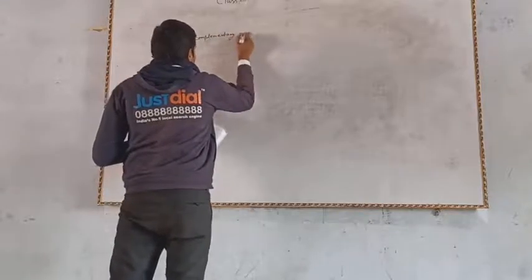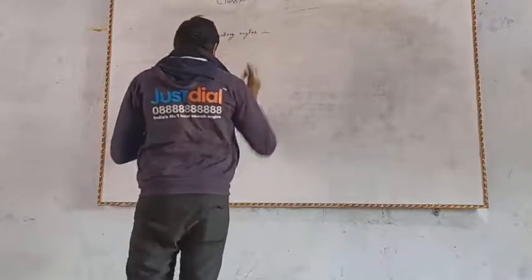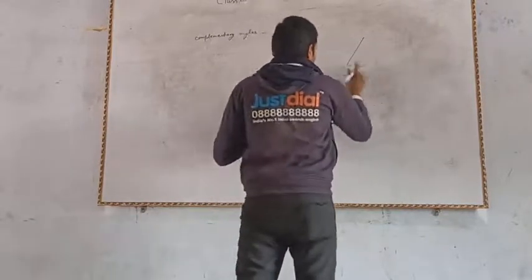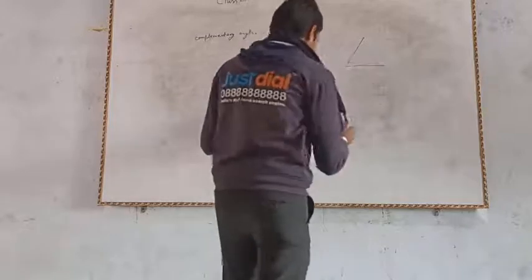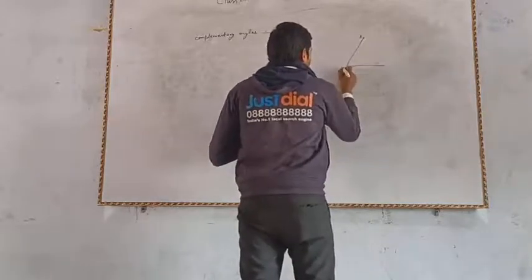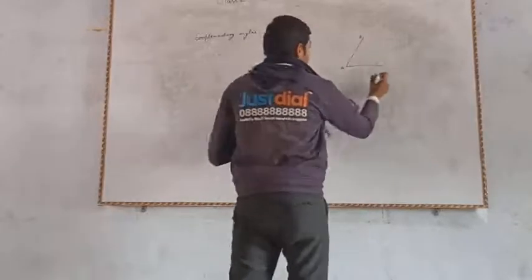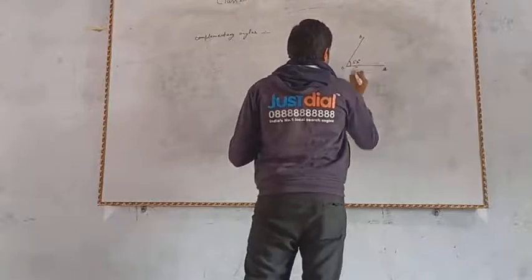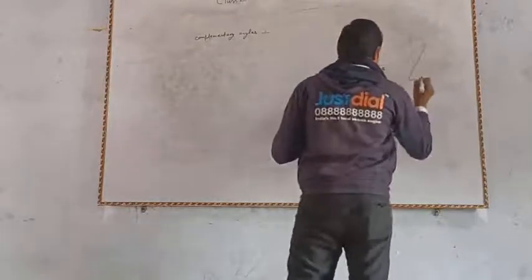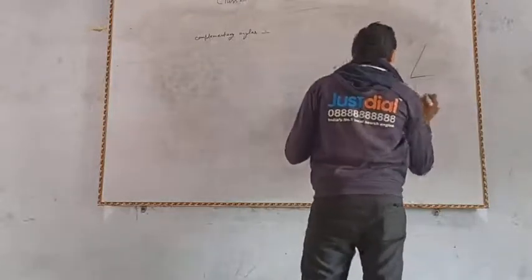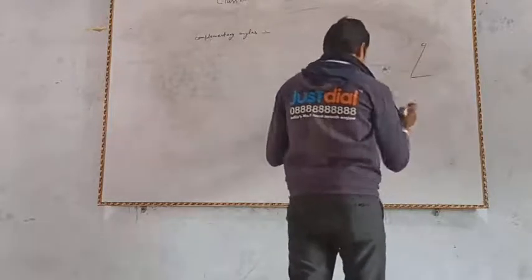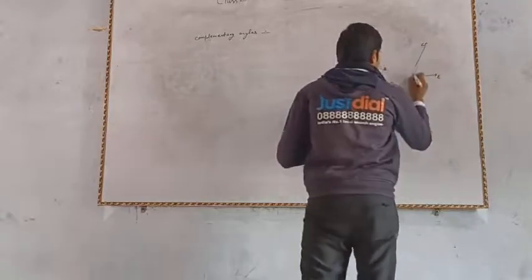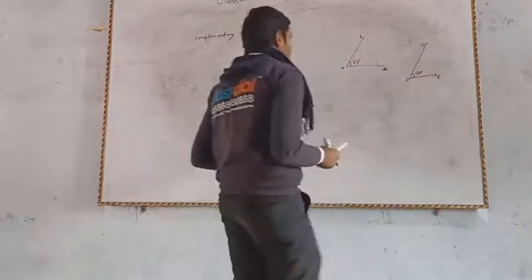Here see the figure, angle AOB is 53 degrees, and figure CDE is 37 degrees.